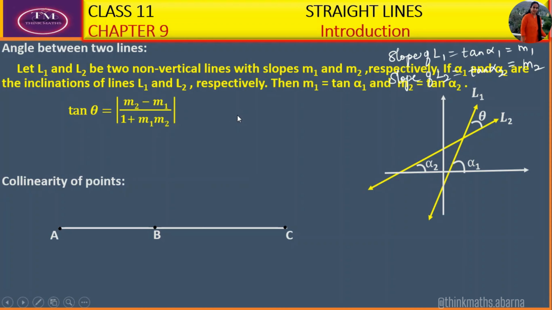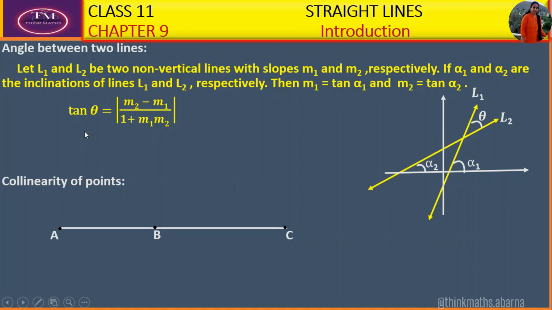So how to find it? L1 and L2 are non-vertical lines with slopes m1 and m2, and these are the inclinations, alpha 1 and alpha 2. Then we can find out the slope of line L1 and slope of line L2 using this formula.